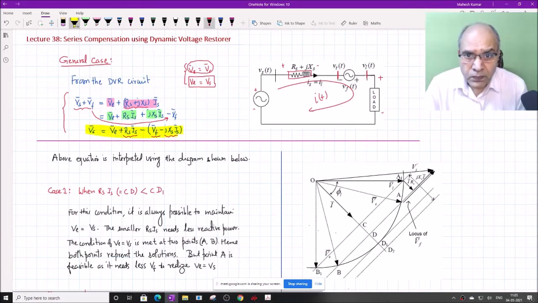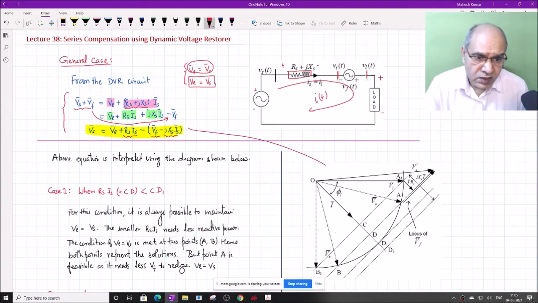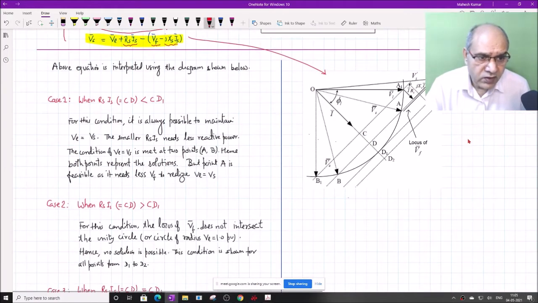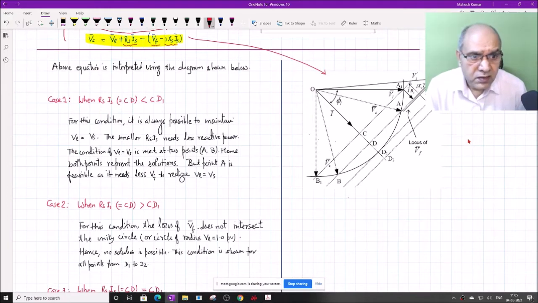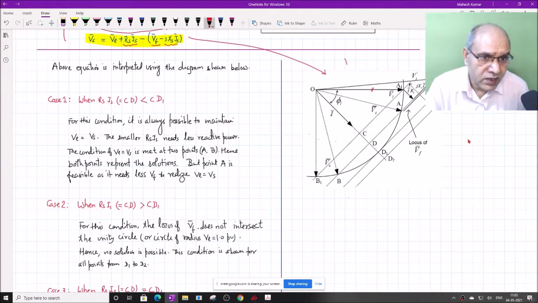So the graphical interpretation involves this diagram. In this diagram we first draw VL, which is 1.0 per unit. Suppose we want VL as 1.0 per unit. Our requirement is that after compensation, the voltage across the load must be 1.0 per unit.